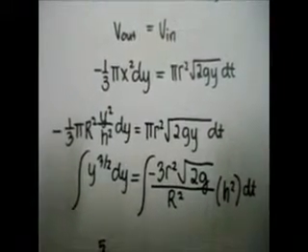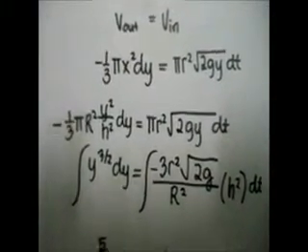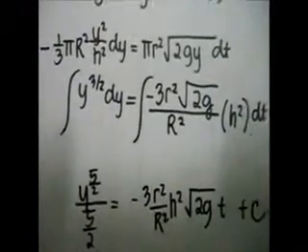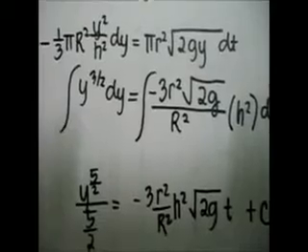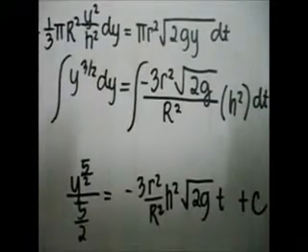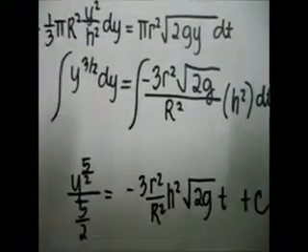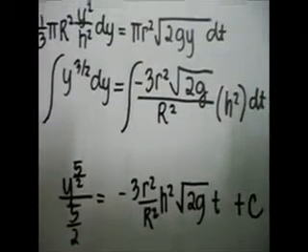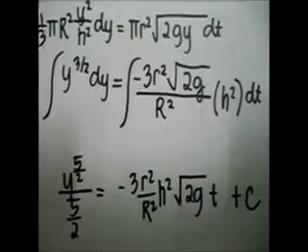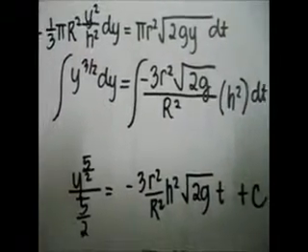So integrating both sides, the result will be y to the 5/2 all over 5/2 is equal to negative 3 r squared over big R squared h squared square root of 2g t plus c.